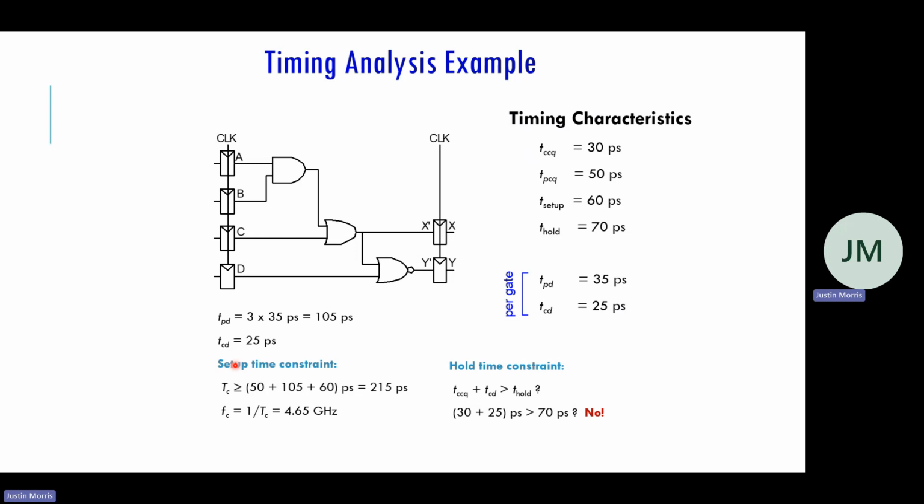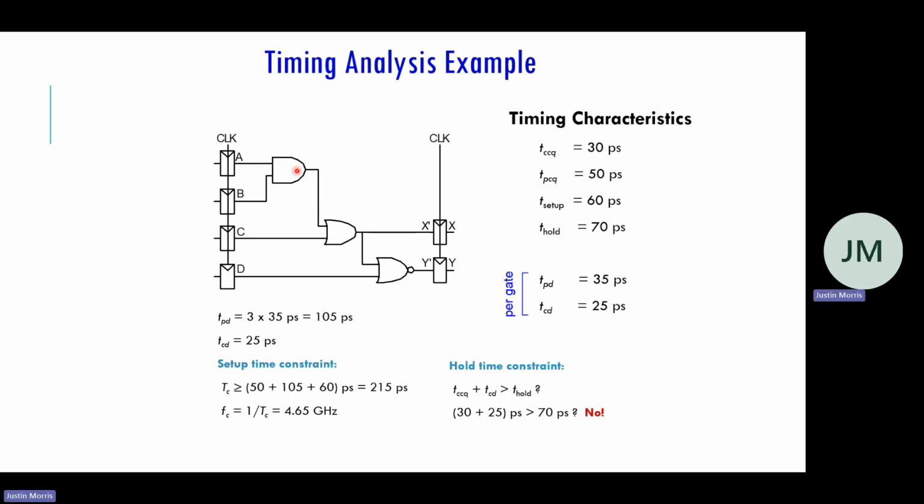So our clock period needs to be greater than the first value, which is the propagation clock to Q, right? That comes straight from the characteristics of the flip-flops. So it's 50 picoseconds.